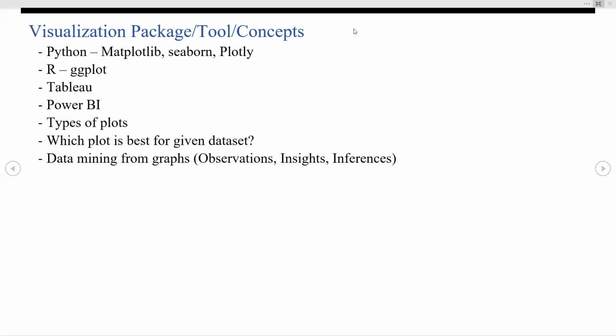The question here could be, can you use any plot on any given data set? And the answer is certainly no, you cannot. There are certain guidelines provided. Technically you maybe can, but conceptually that does not make sense. And that's why there are thumb rules, and you must follow them.